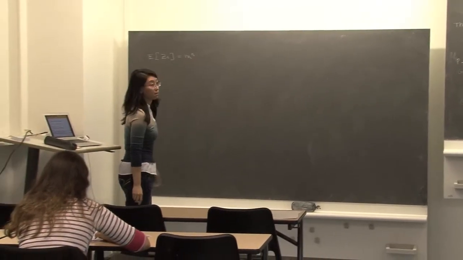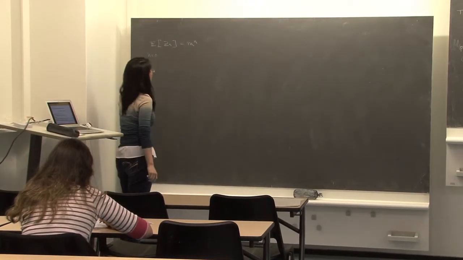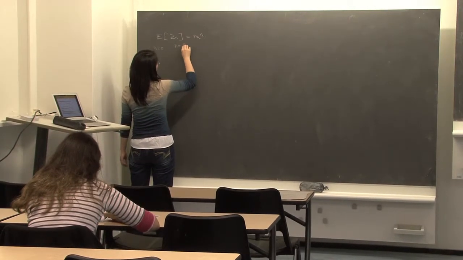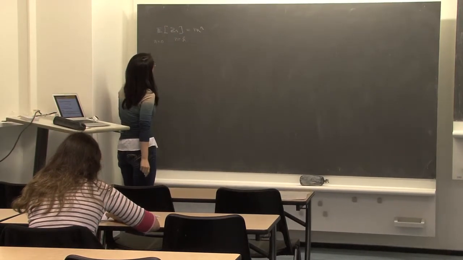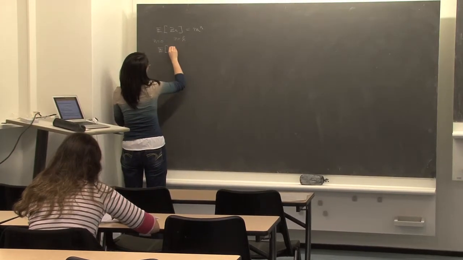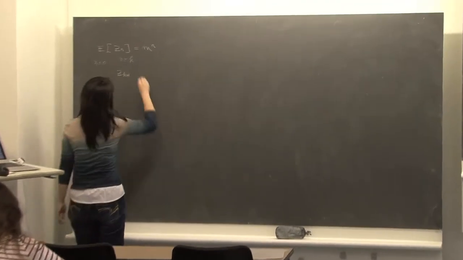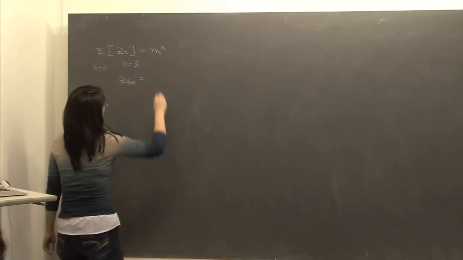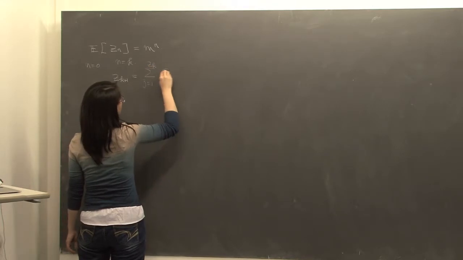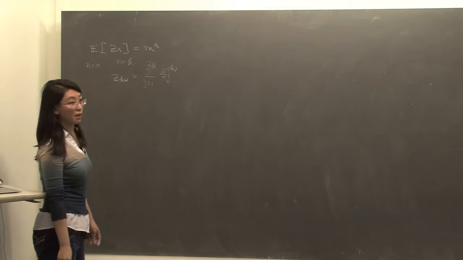Okay, so we prove this by induction on n. When n equals 0, Z0 equals 1, and this is true. Suppose this is true for n equals k. Then let us check what happens to the k plus 1 generation. We know that Z_{k+1} is the summation of Zk random variables, and they are IID with the same law as mu.